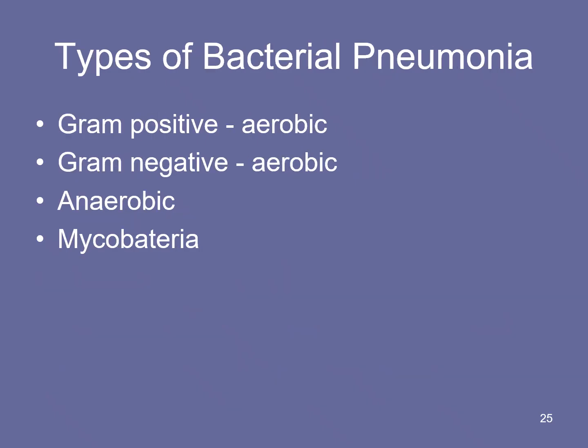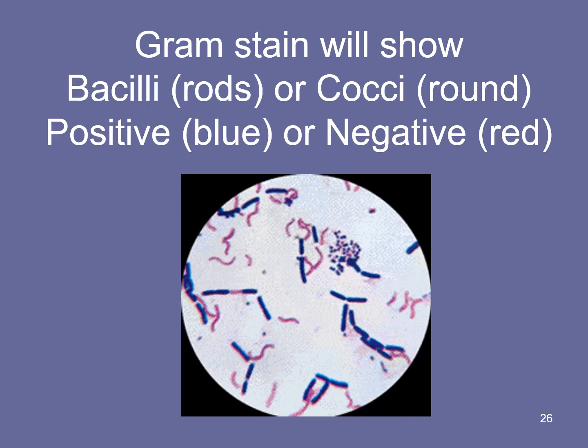So, broadly speaking, types of bacterial pneumonia: gram-positive aerobic, gram-negative aerobic, anaerobic, and then the mycobacteria that we were alluding to earlier on. So when you hear the laboratorians talk about what the gram stain will show, you have gram-positive rods, gram-negative rods, whatever. The bacilli would be rods.